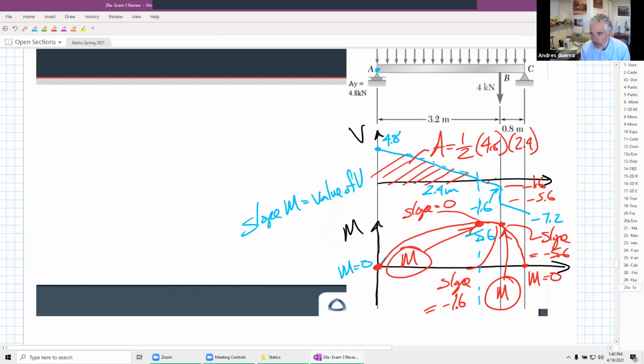And then what about this little tiny triangle right in here? That little triangle, we can call that A2. That'll be 1/2 of whatever is left out of the 2.4, 3.2 minus 2.4 times the height of that, which is 1.6. So then the area 2, and that one's going to be a negative.